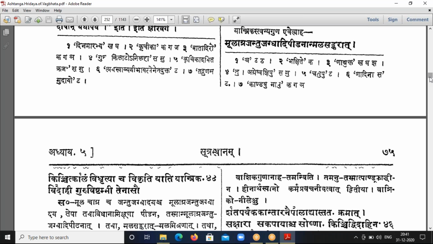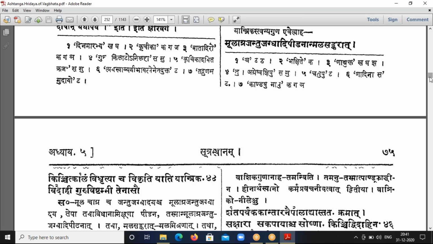So the moolam will be there, agram will be there. Sometimes there may be some jandujagdha portions as well, so they all may be squeezed together in that machine. And sometimes some waste materials may also be added, malasangarad.